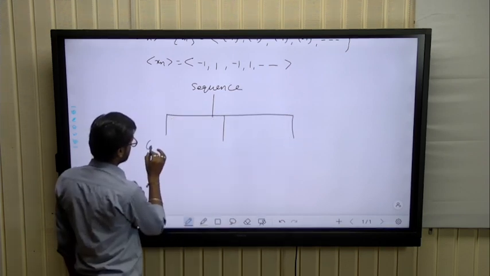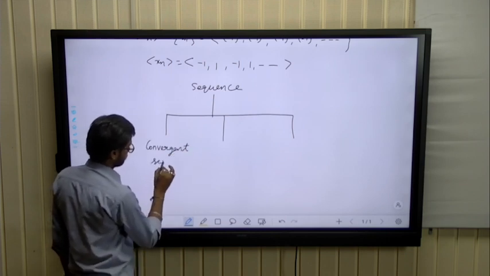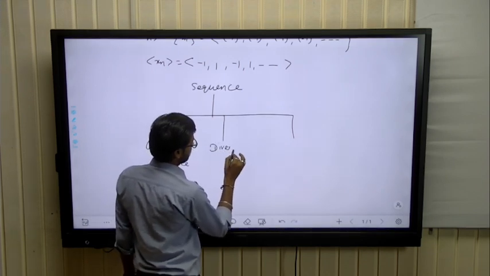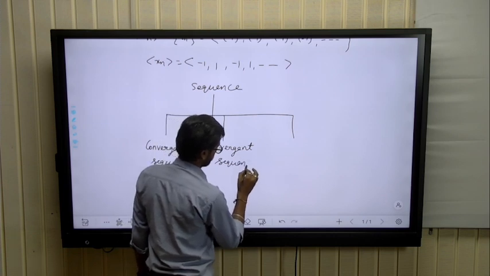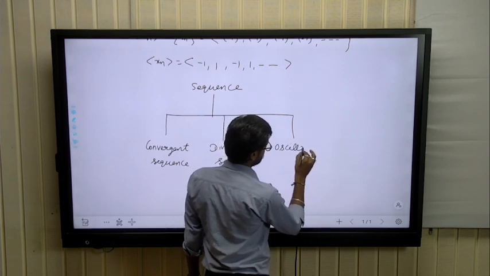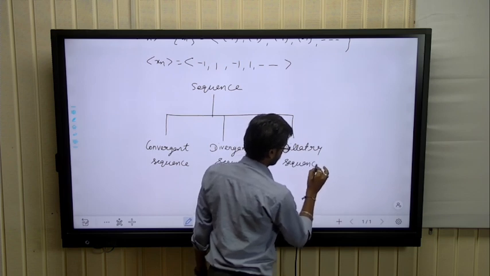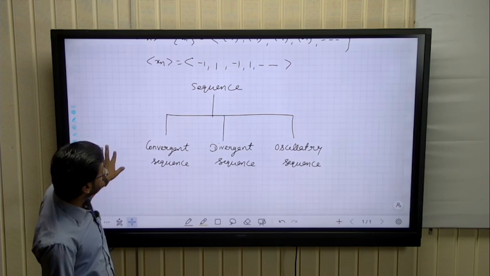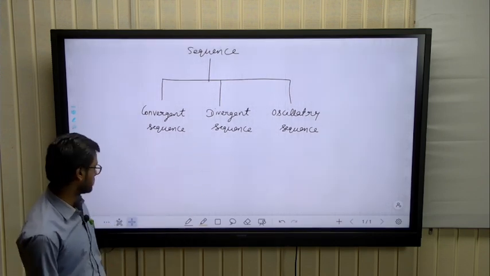First is the convergent sequence, second is the divergent sequence, and third is the oscillatory sequence. Okay, so there are 3 types of a sequence: convergent sequence, divergent sequence and oscillatory sequence.